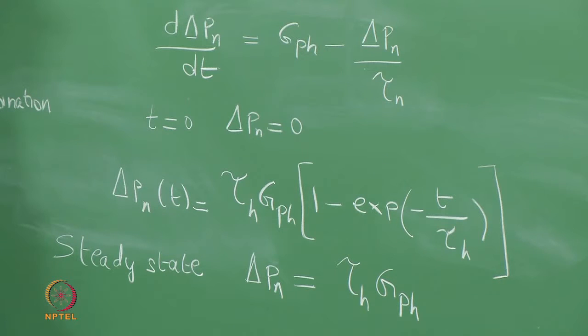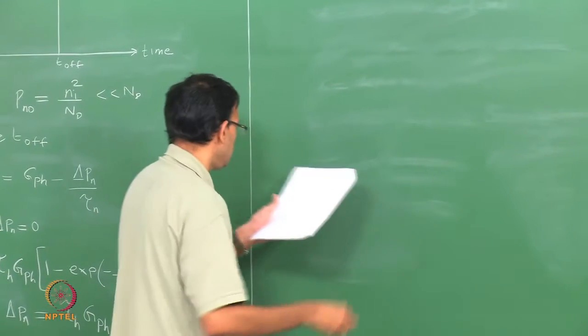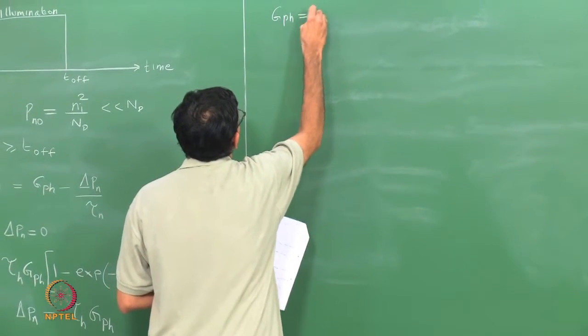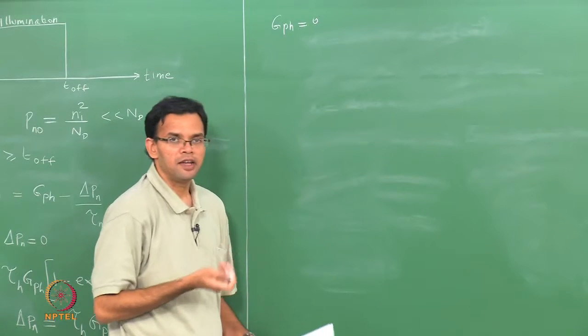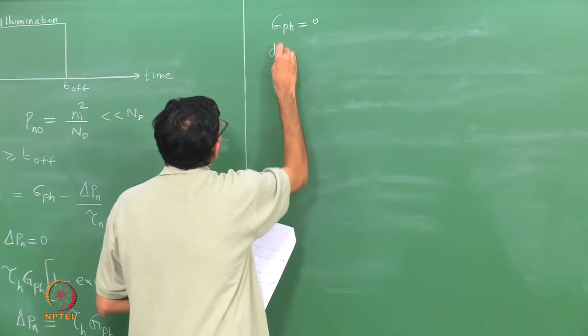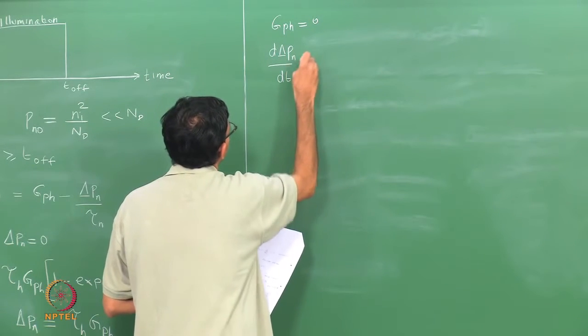So, now I am going to turn off my light. We will see what happens. So, now I am going to turn off the light, so that Gph is 0. There is no more generation of electrons or holes. Then the equation just reduces.